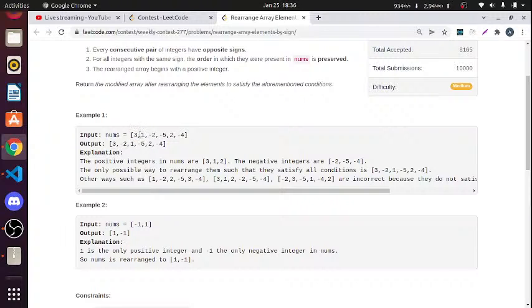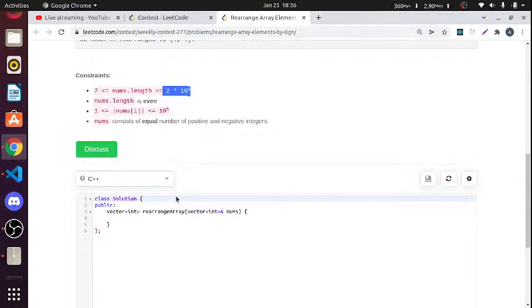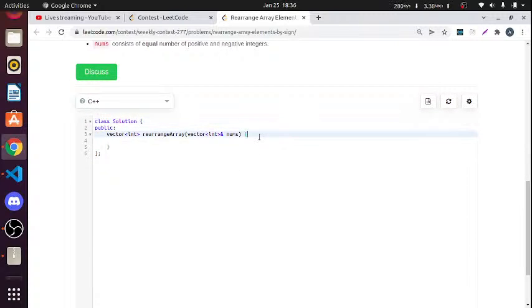Suppose we have a positive number, so let's store the positive numbers there, and then print it, right? The complexity is not very high, order of n is fine. So let's make two vectors, arr1 and arr2. Then let's iterate over the array.